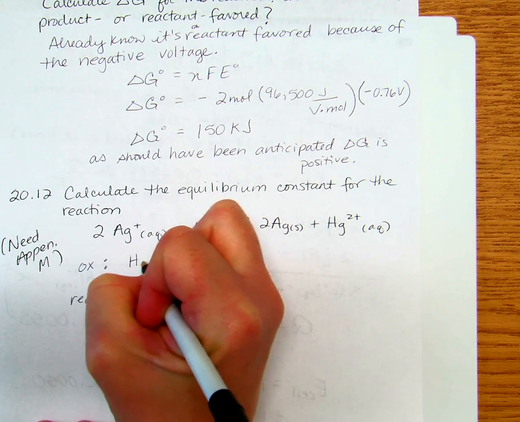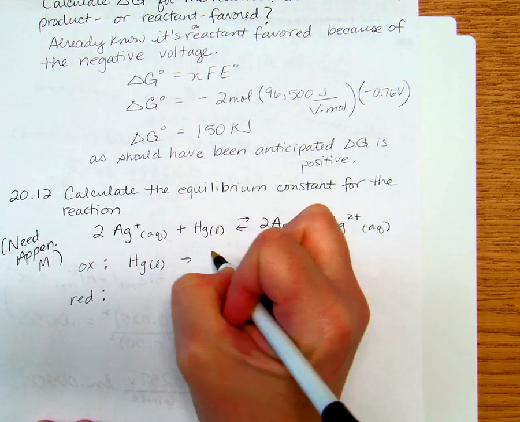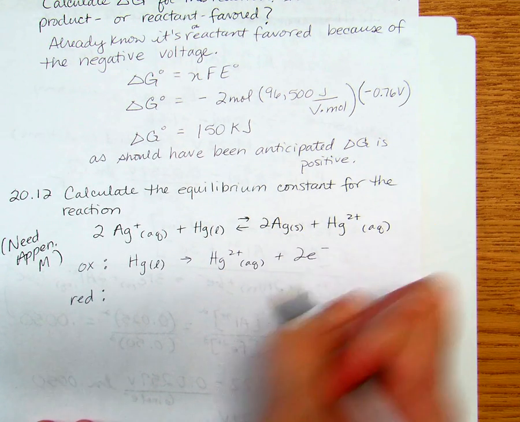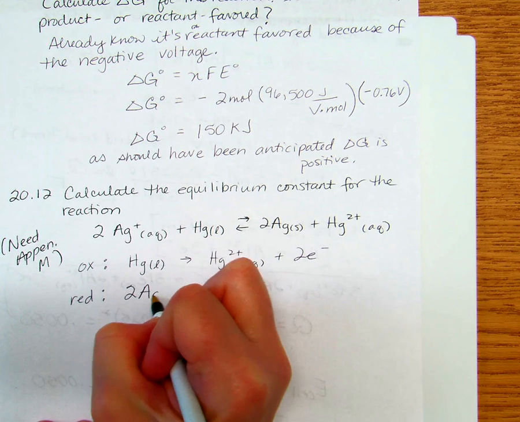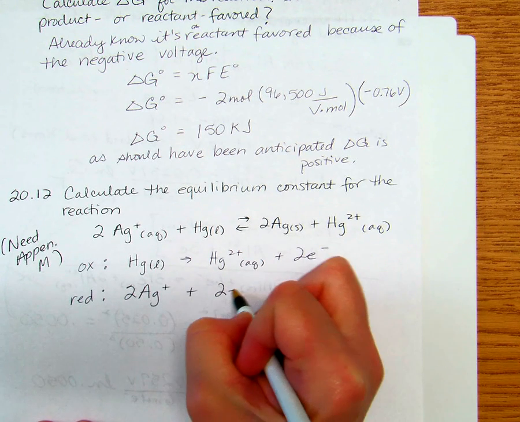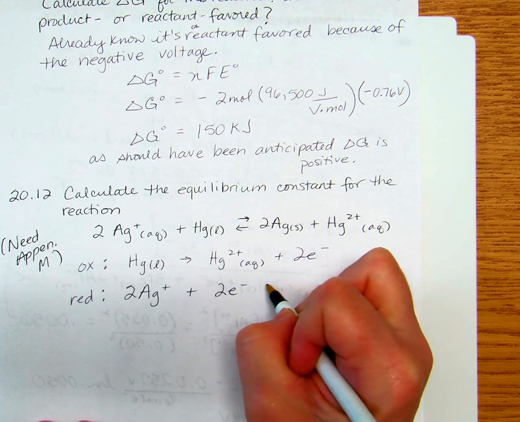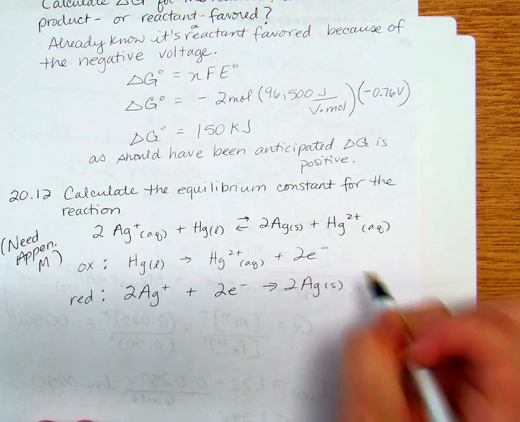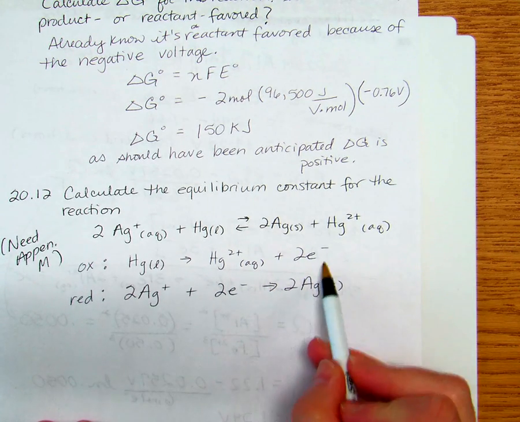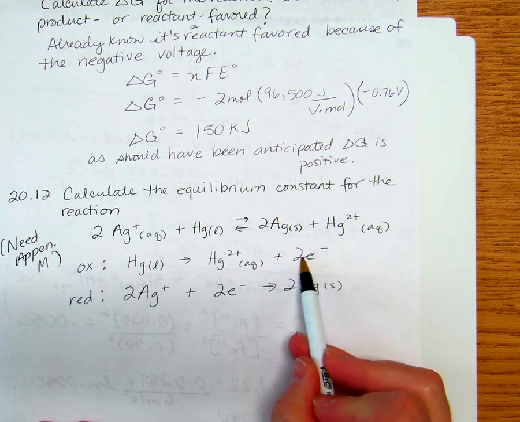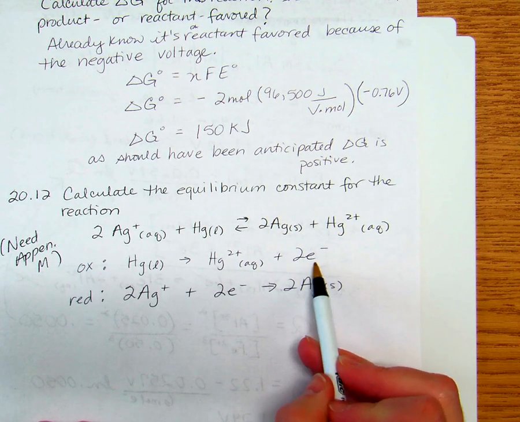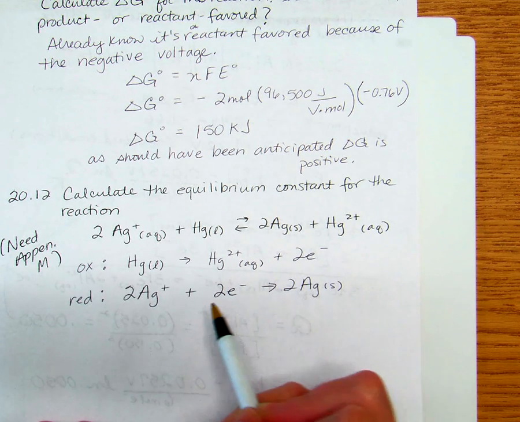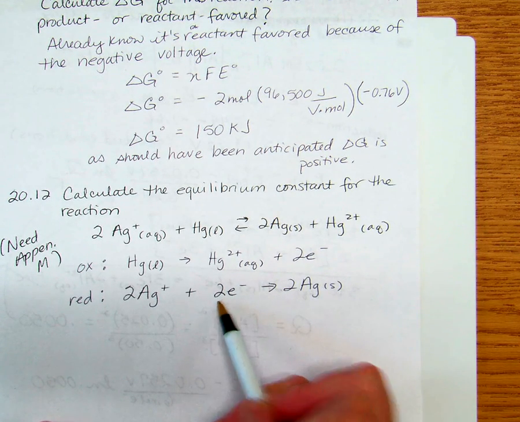The oxidation is mercury, liquid mercury becoming mercury ions, 2 electrons, 2 silver ions undergoing reduction to 2 moles of silver. All of these 2's are here because of the 2 electrons here. It's got to match. If there are 2 electrons involved in the oxidation, there must be 2 involved in the reduction also, or vice versa.